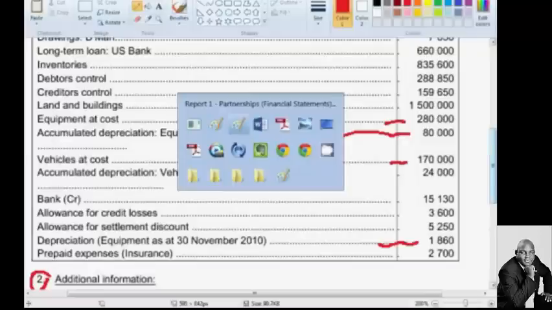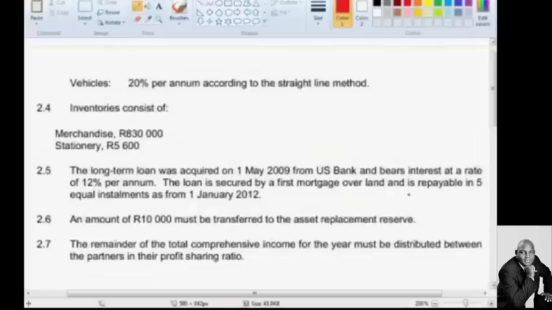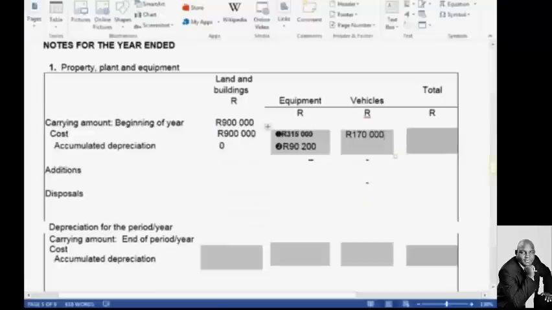As far as we know, we did not sell or get any extra vehicles during the year, so it's 24,000. Then you can just put the totals up there. Let me do that quickly. I need to bracket this to show that it's a negative.